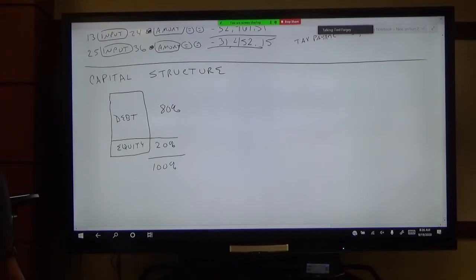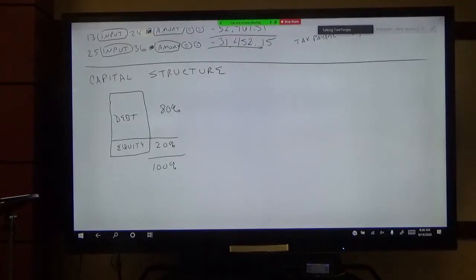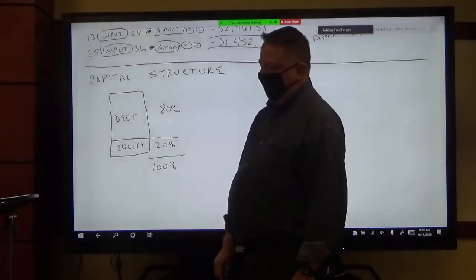Now, as I said, this is probably the simplest of all capital structures. Well, actually, the simplest would be all equity, where you're just putting in all of your own money and not borrowing any money. This is probably the next most simple, or the most common, where you have a capital structure made up of debt and equity.